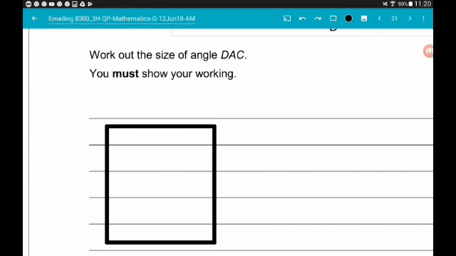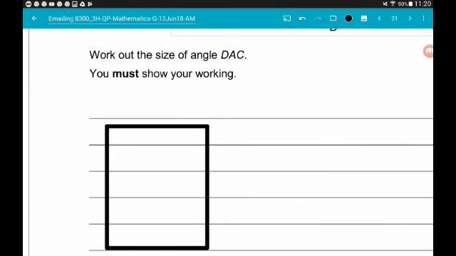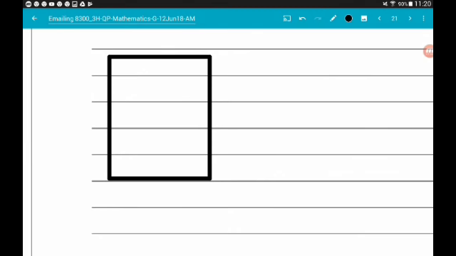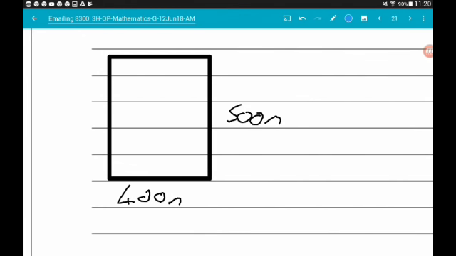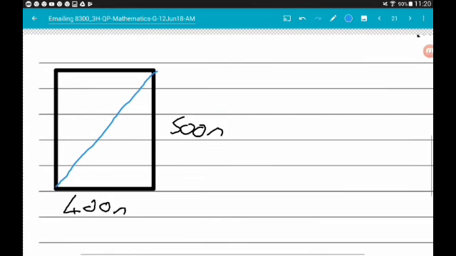So if we make a sketch, then this length is 400 and this length is 500. Now the blue line is this diagonal. So we're going to use Pythagoras.